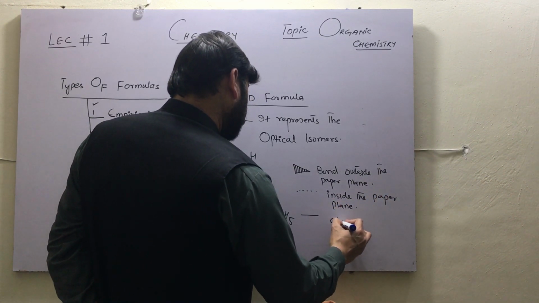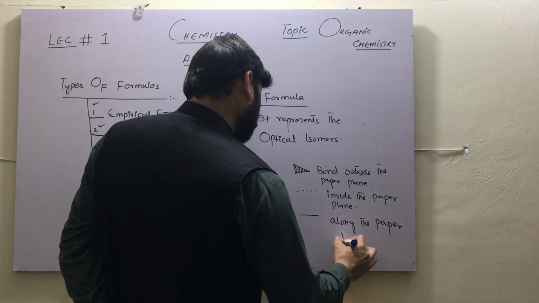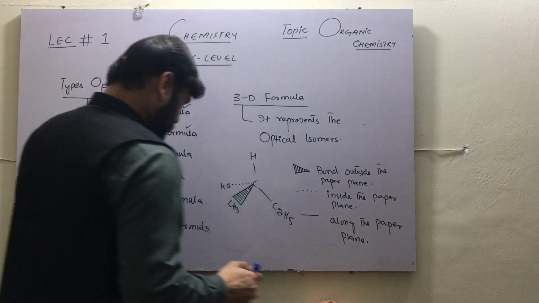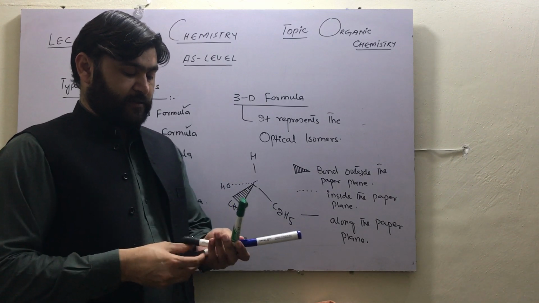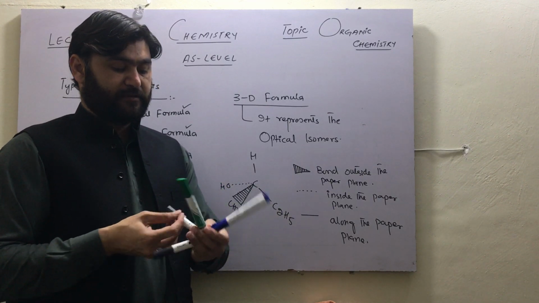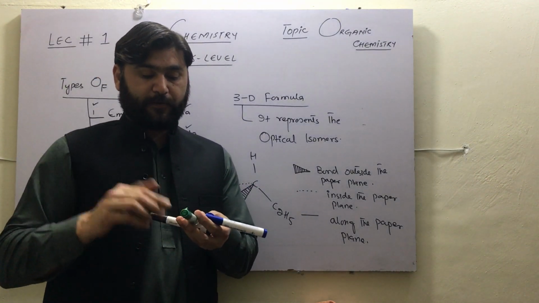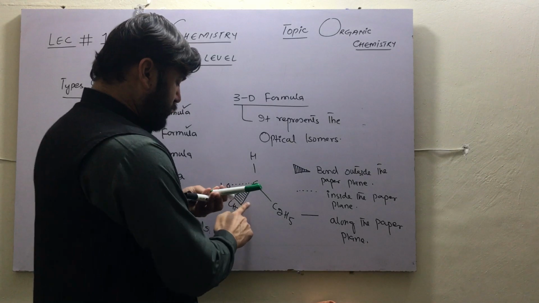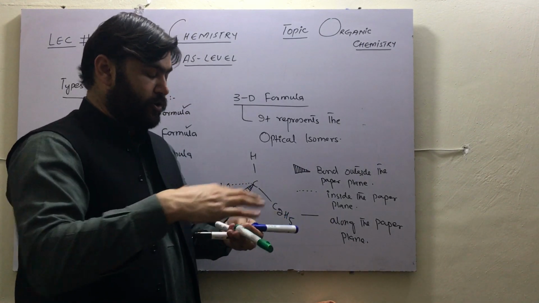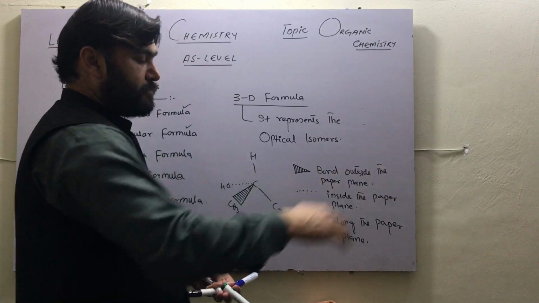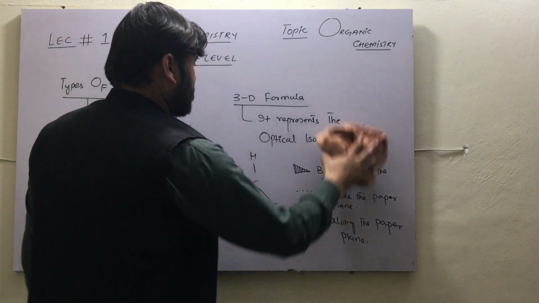And this is along the paper plane. Suppose I have these 4 markers. The one which is outside the paper towards yourself is called bold, the one which is behind is called a dotted line, and these two will be drawn on the paper plane. So this is a type of formula called the 3D formula. Okay, this is the easy one.